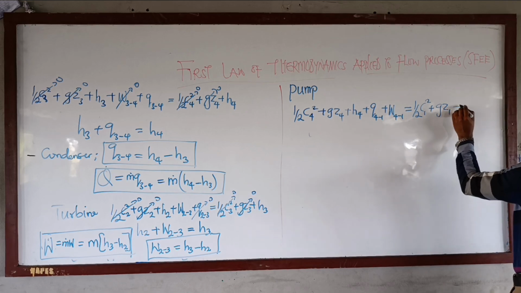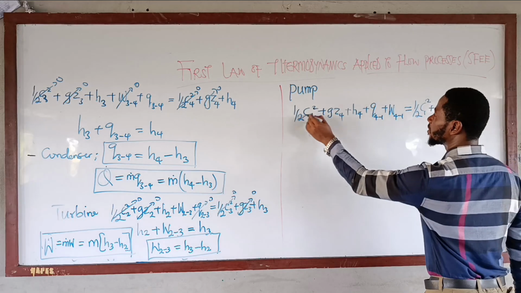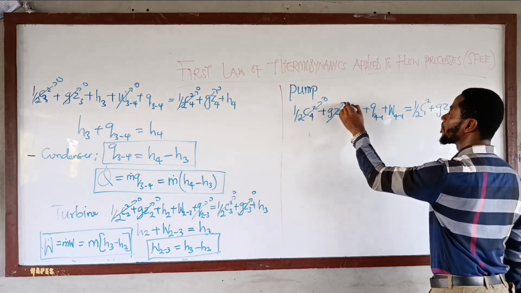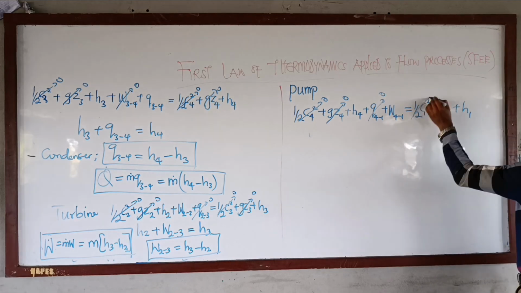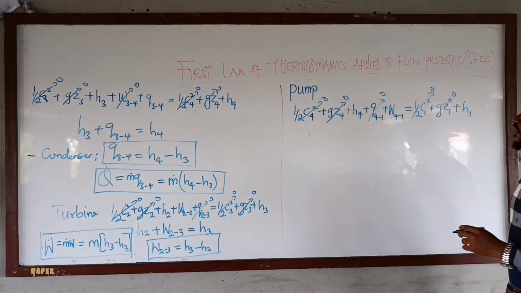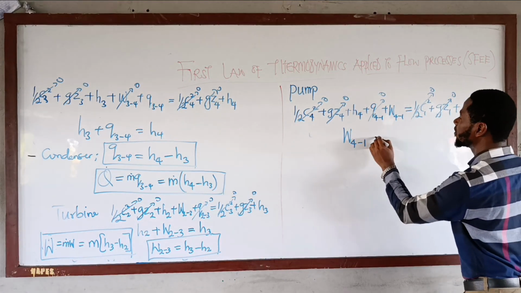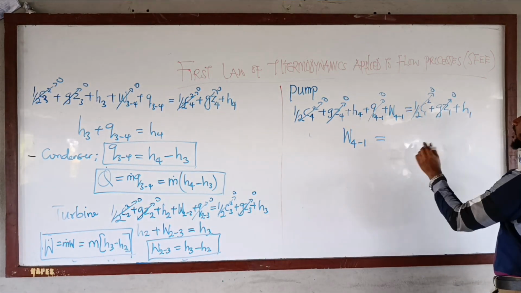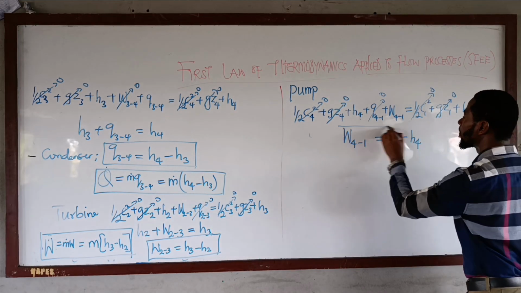GZ1 plus H1. Following the same assumptions, the kinetic energy, potential energy and heat terms become 0. So the equation reduces to W4 to 1 equals, this one comes to this side, H1 minus H4.